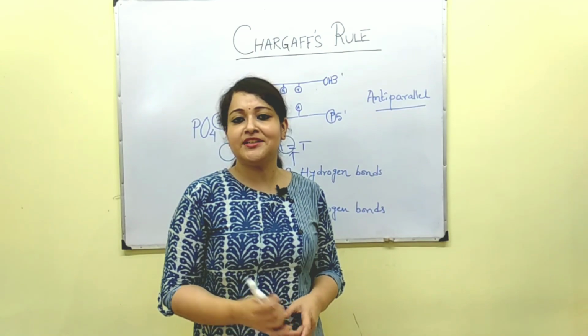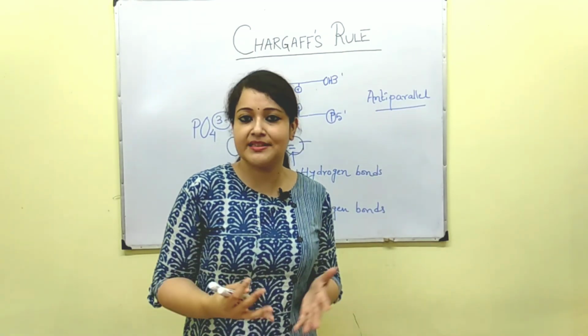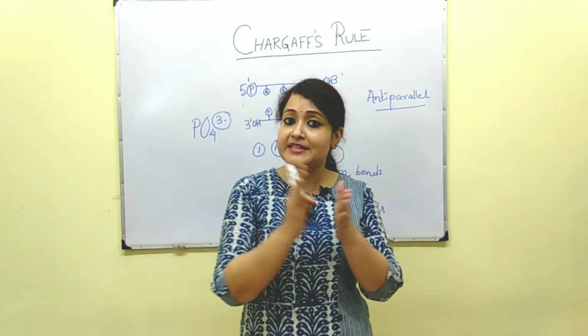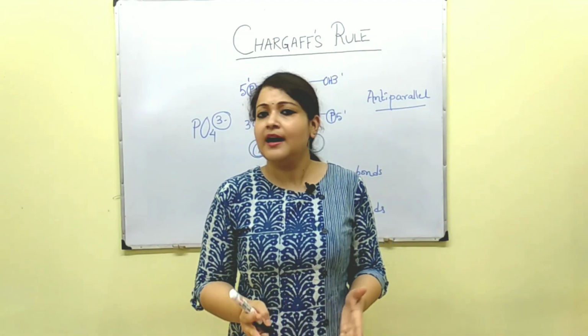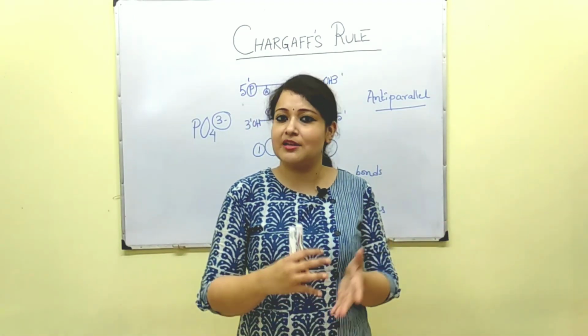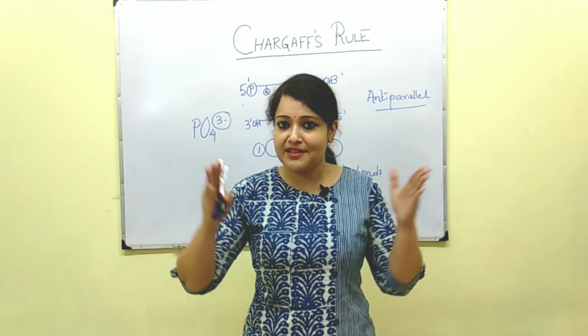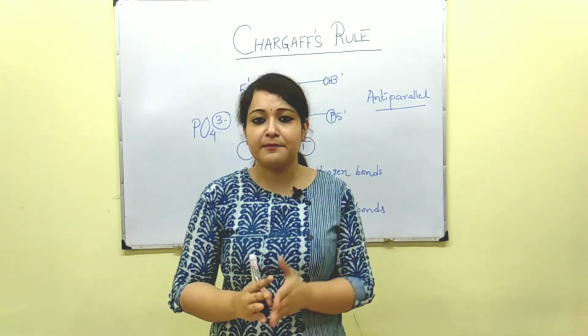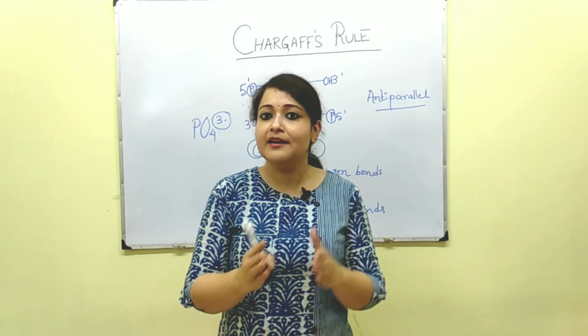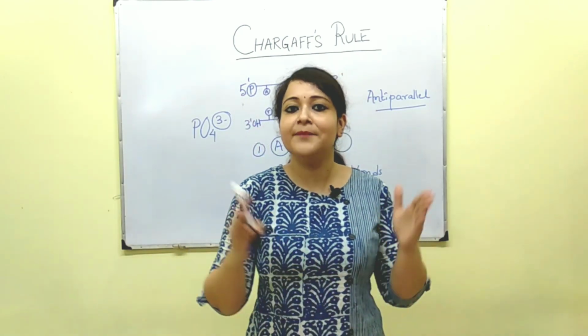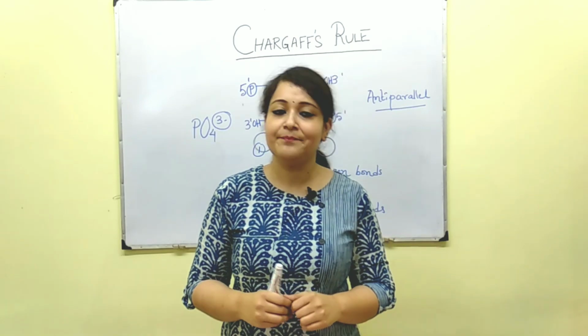Now I have a question for the viewers. If I talk about denaturation of DNA, what is that? If I want to separate the two strands of DNA, I can apply heat or use some other chemical agents. So if I want to denature these two strands, I have to break the hydrogen bonds between the two bases, right?